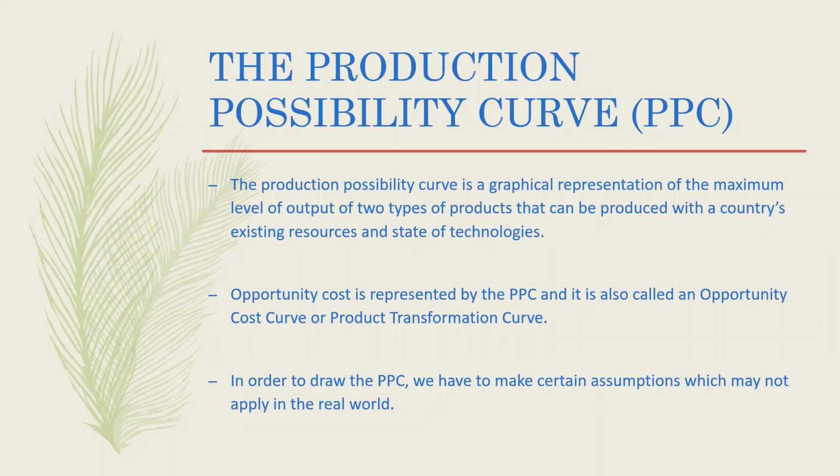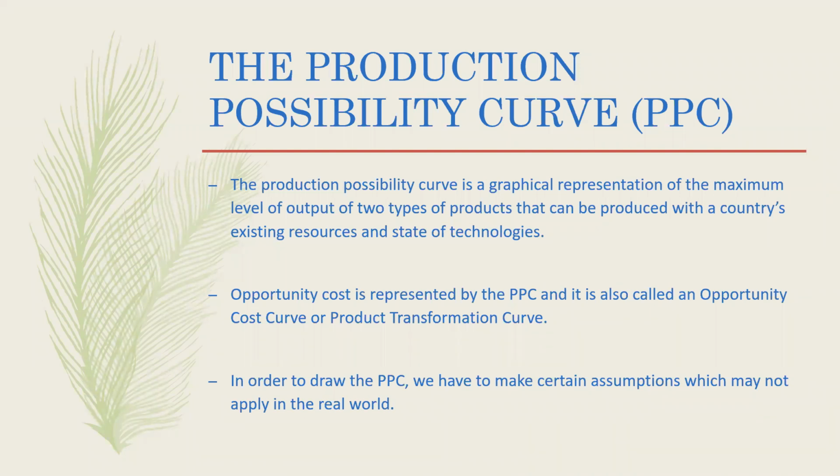When we first look at these assumptions, because we have to assume certain things for the production possibility curve, we have to understand that these are our limitations with what we are going to draw.